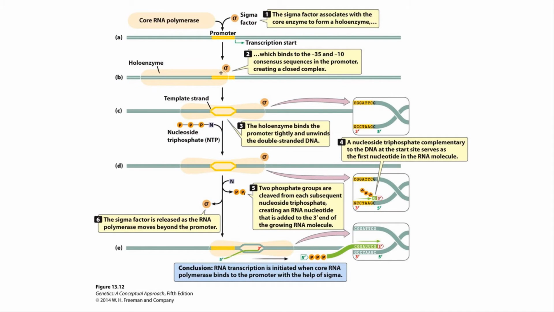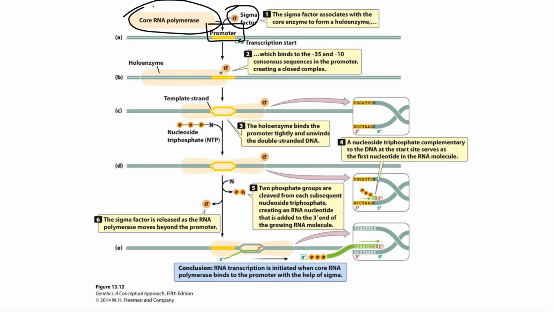So let's now summarize transcription initiation. As we discussed before, core RNA polymerase associates with sigma factor and forms the holoenzyme, which binds to consensus sequences within the bacterial promoter. The orientation and spacing of consensus sequences on the DNA strand will determine which strand will serve as a template.